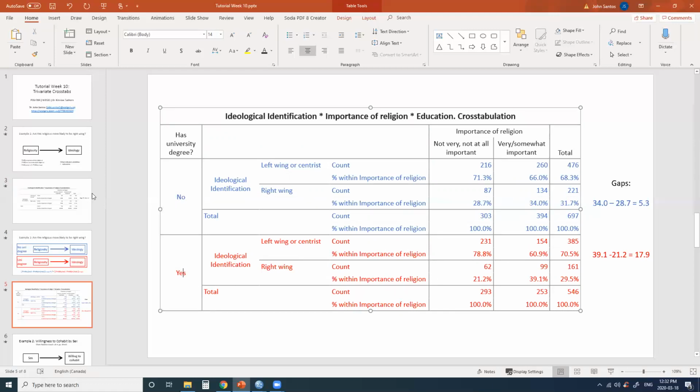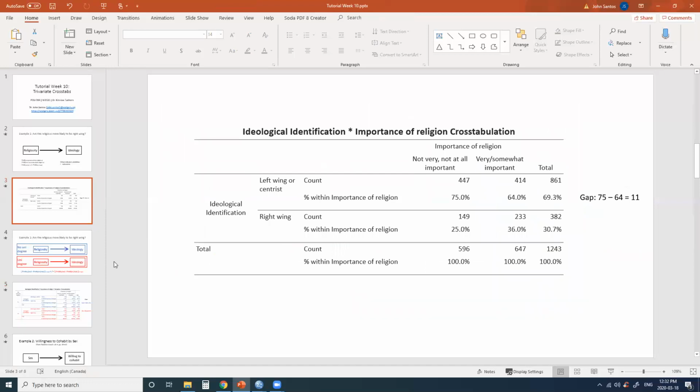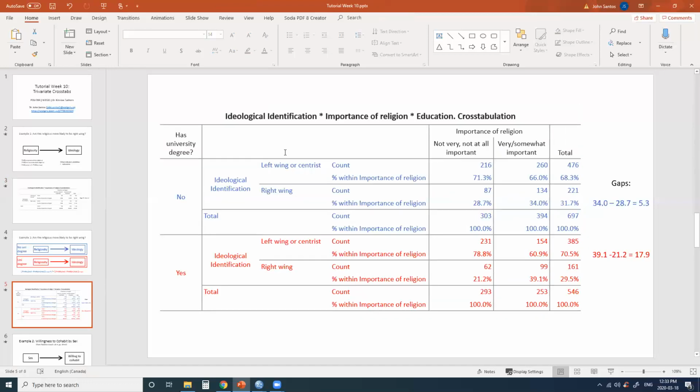And so we went from one crosstab to two crosstabs, or sometimes this is called a crosstab with two partial tables, right?